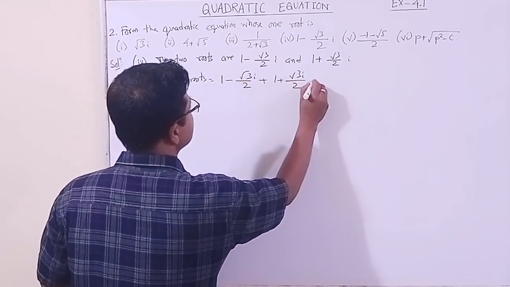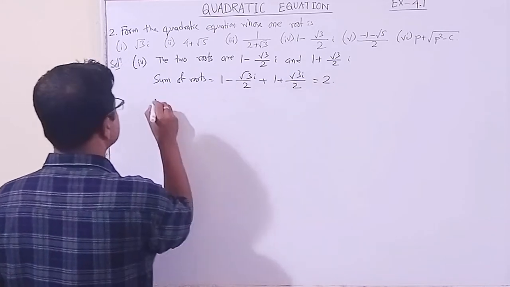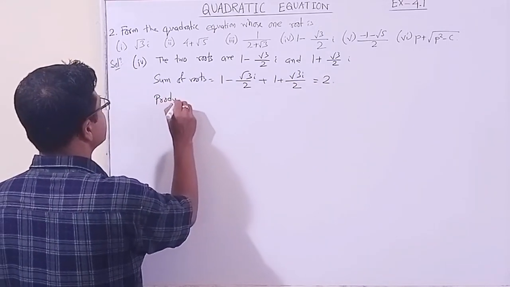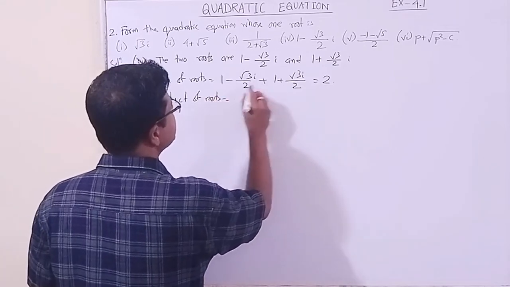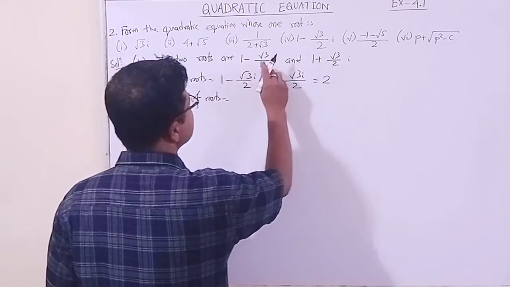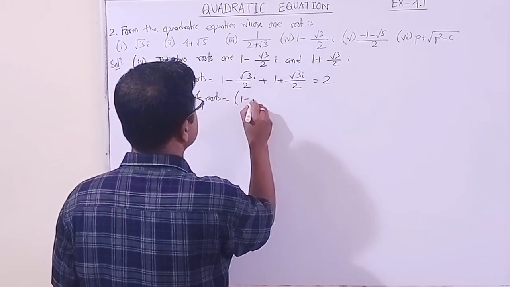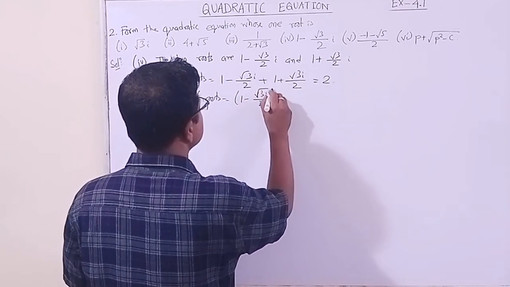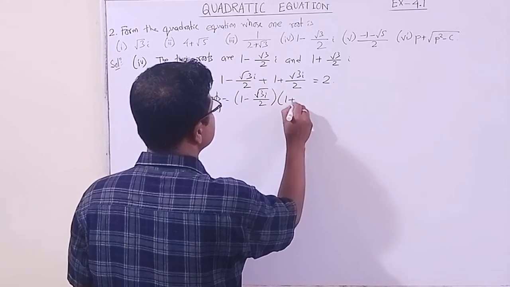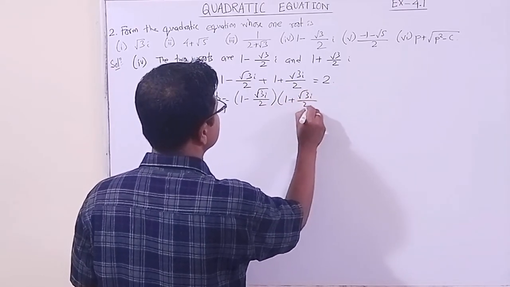These two will get cancelled, so 1 plus 1 is 2. Then product of roots, let us multiply them. Okay, this into this, 1 minus root 3i by 2, into 1 plus root 3i by 2.